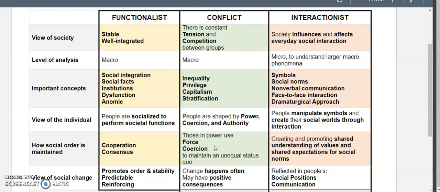Now, with the view of social change, that change happens often and may have positive consequences, what ends up happening in this story is that at the end, we get to World War XIII. Eventually, the different sides come into major conflict with each other. The next war happens. Everything is destroyed.